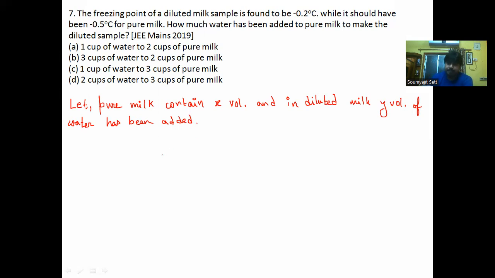Okay. So what can we write? Suppose 1 stands for pure milk, 2 stands for diluted.